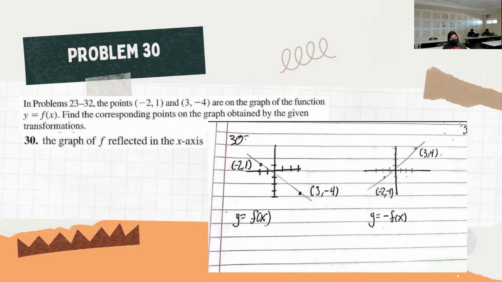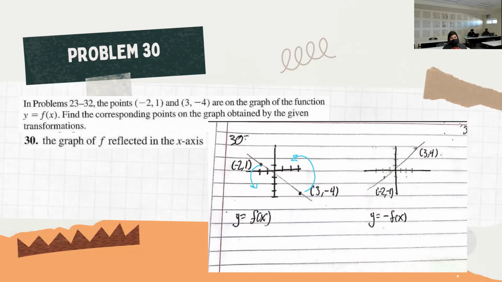So the original points are -2, 1, and 3 comma -4. That's original. And what we're doing is reflecting on the x-axis. That means that this point should shift over to this side, and this point should shift over to this side. If we're reflecting the points, the x value is going to remain the same, and the y value is going to turn negative.